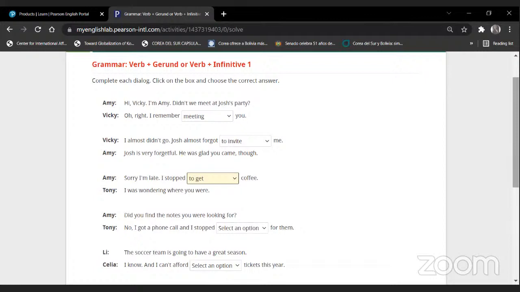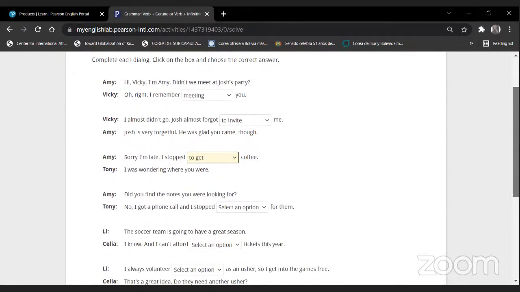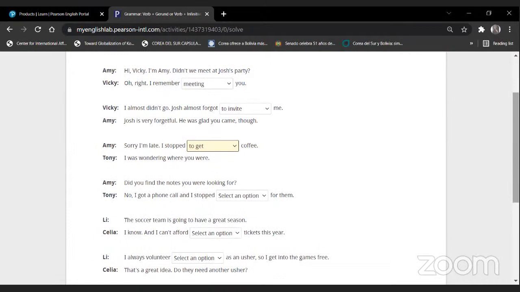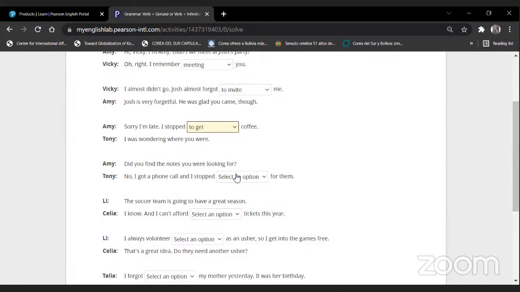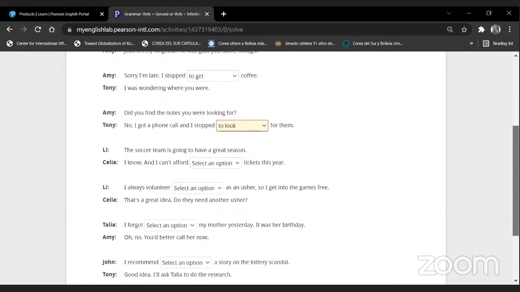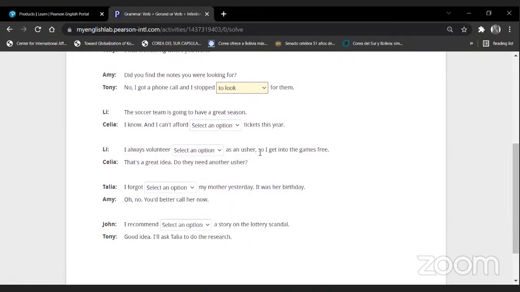Yes, the only way, when we talk about infinitives or gerunds, is memorizing which verbs work with which category. It's the same as when we started to learn verbs. Okay.